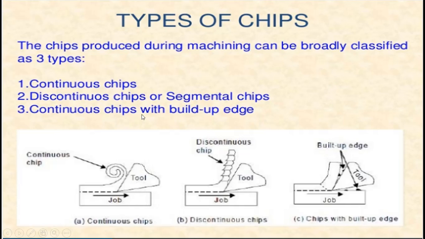In this diagram you can see that during the cutting operation, the chip flows continuously in the form of a ribbon. In discontinuous chips, chips are formed but they are broken after a certain interval. And last, in continuous chips with built up edges, a small portion of the chip gets attached to the face or cutting edge of the tool.